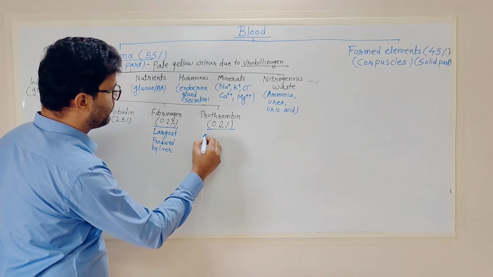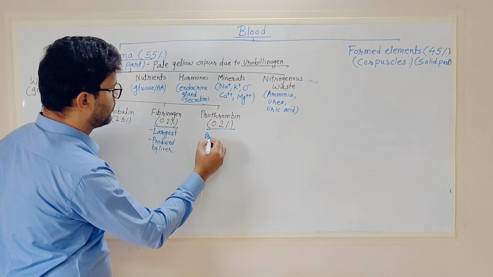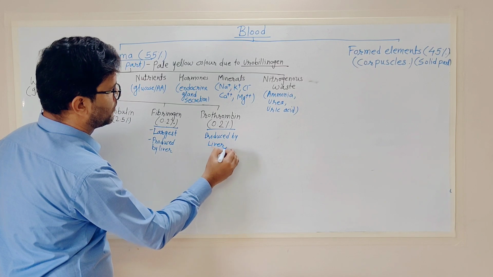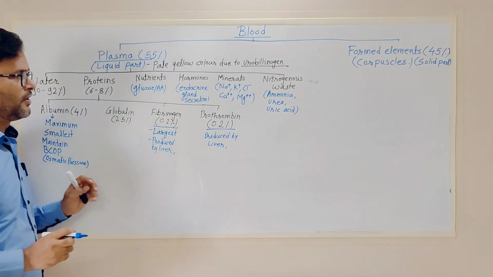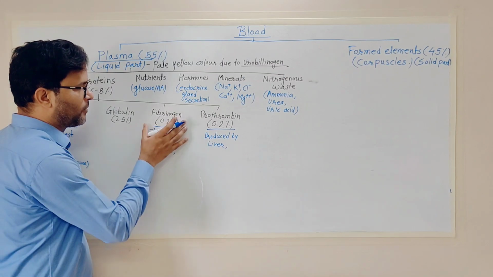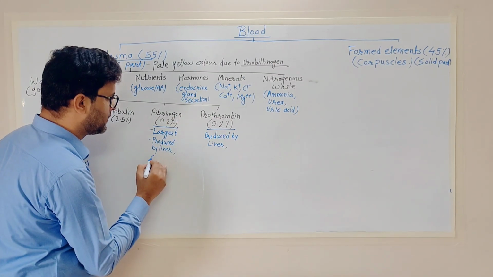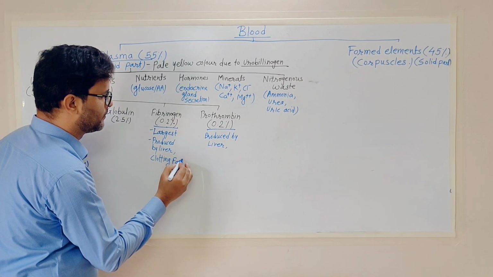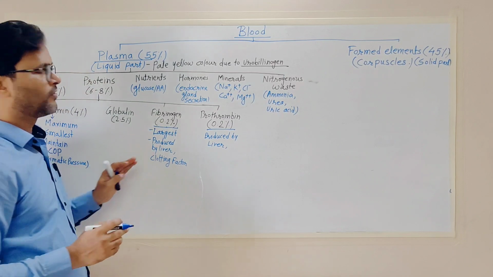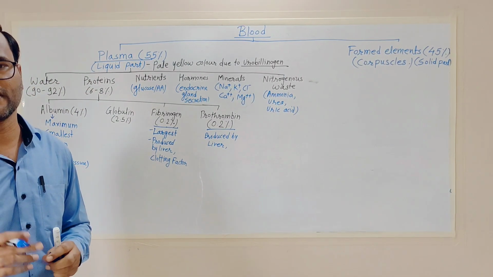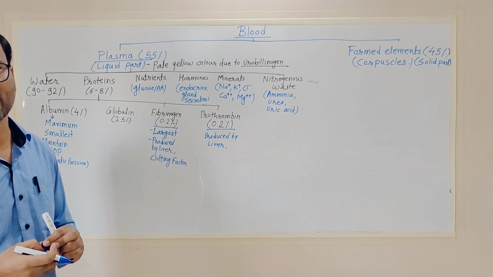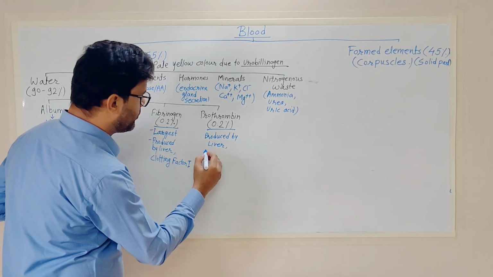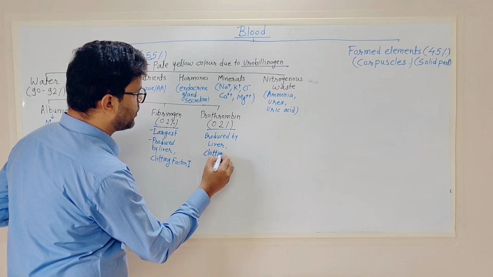This prothrombin is also produced by the liver. Clear? Then all these, fibrinogen and prothrombin, are basically clotting factors. So fibrinogen is specifically the clotting factor 1, and the prothrombin is clotting factor 2.